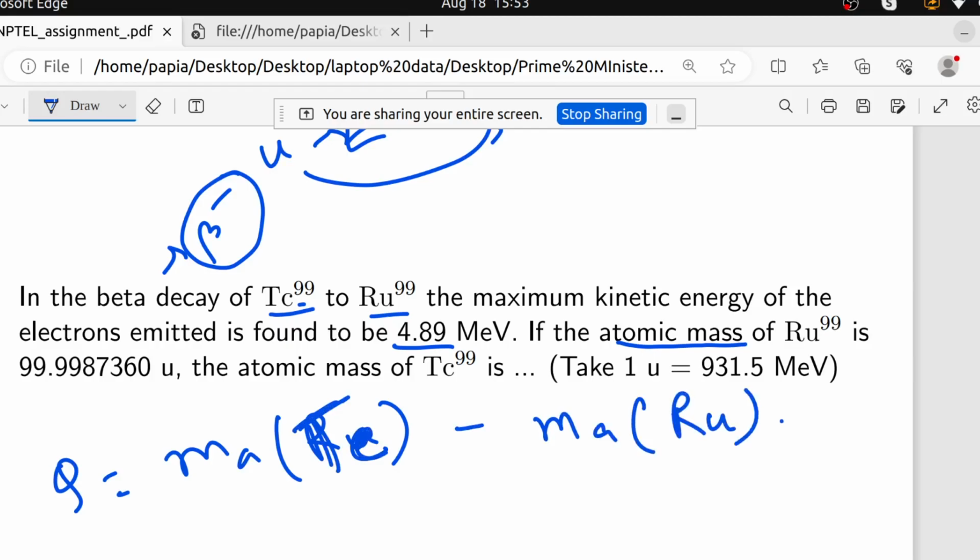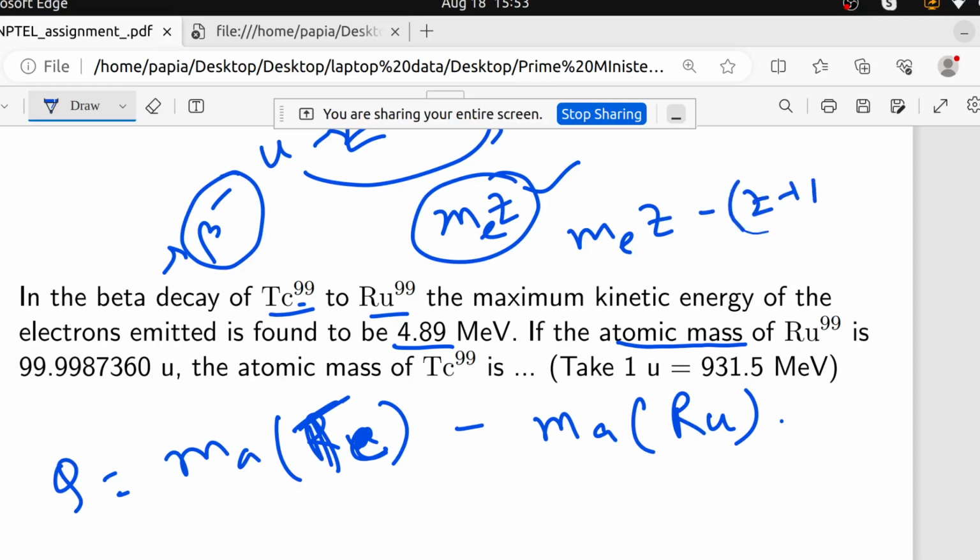Previously also we calculated that the Me Z plus 1 terms will cancel out, and minus Me plus Me will cancel out. That means the Q value will be Ma of Tc minus Ma of Ru.